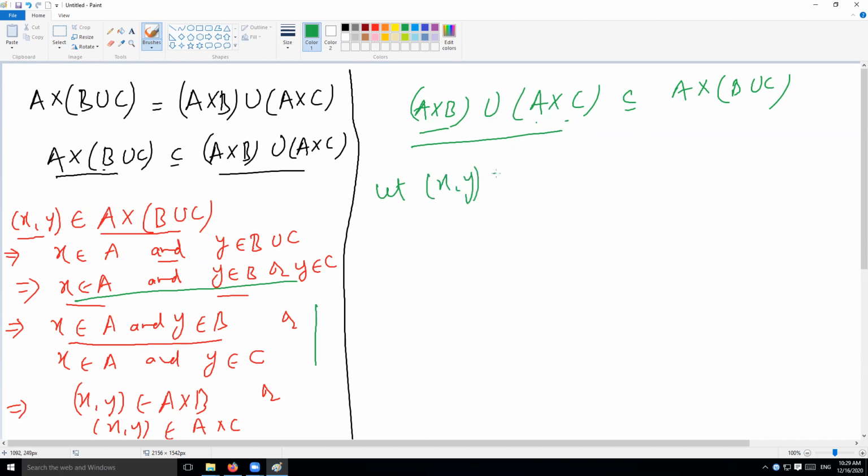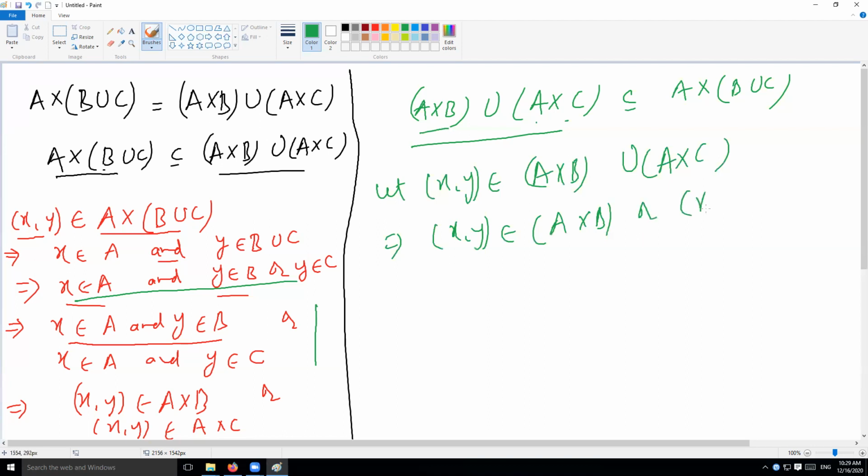So let's take, say, (X, Y) from A cross B union A cross C, right? So this means, by the law of logic, the definition of the union, that (X, Y) must be in A cross B or (X, Y) must be in A cross C. Whenever I am using a law, I'm saying it with my mouth at the moment.